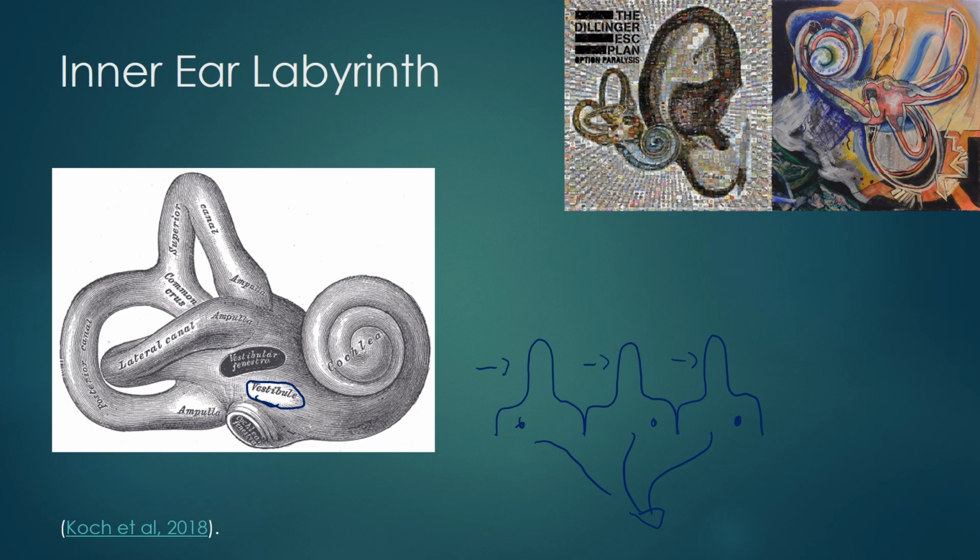Our existence as bipedal organisms is fairly unique, and so we rely on a very complicated neurological system to keep us upright. We rely on proprioception in our peripheries, so for example, proprioception in our feet and our lower limbs that helps us understand where our limbs are in space.